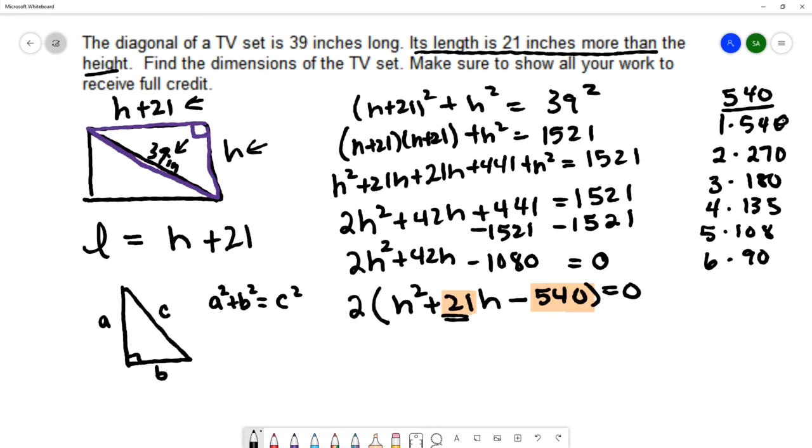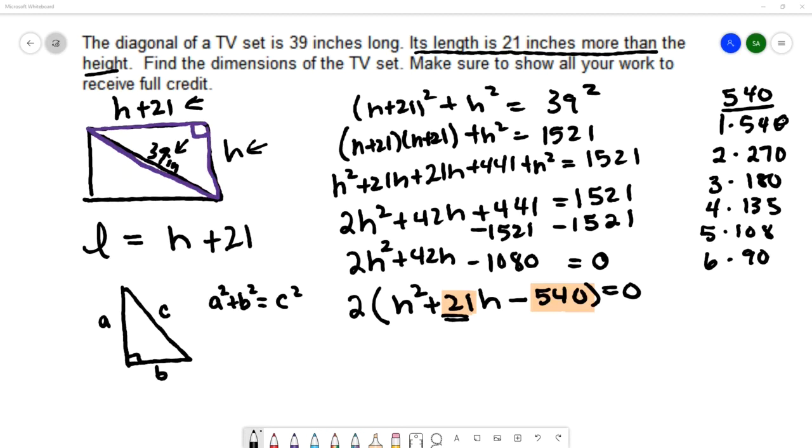I don't think 7 would go in there, but let me try it anyway. Okay, 7 does not go in there. I don't think 8 will. How about 9?